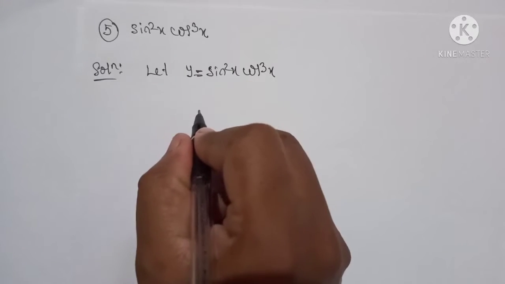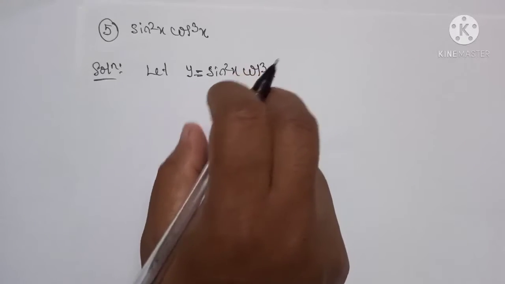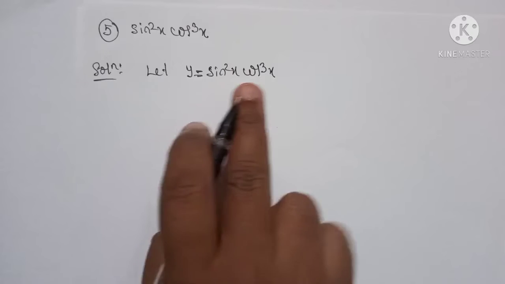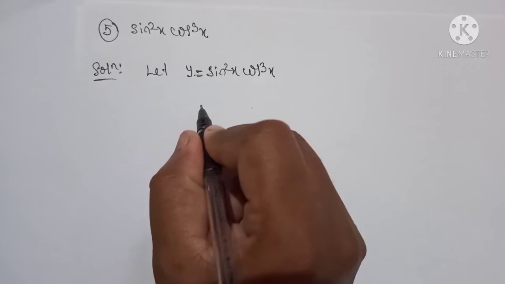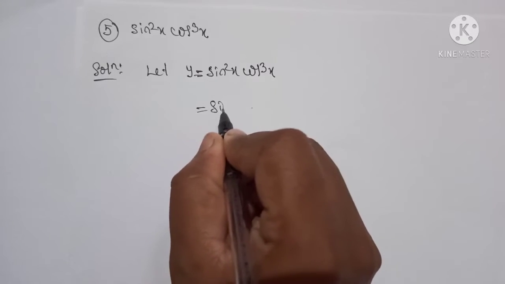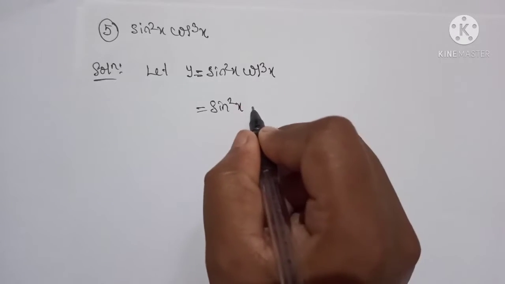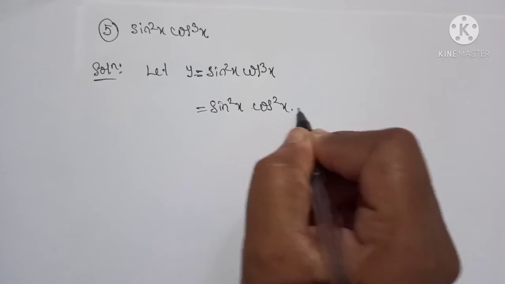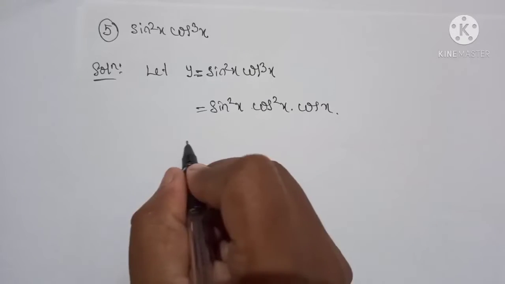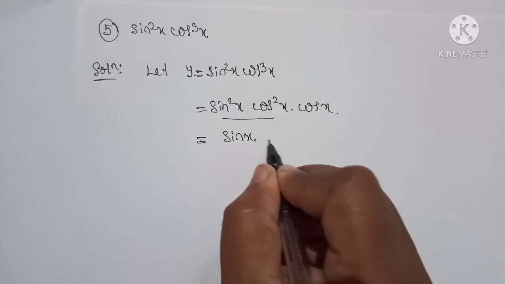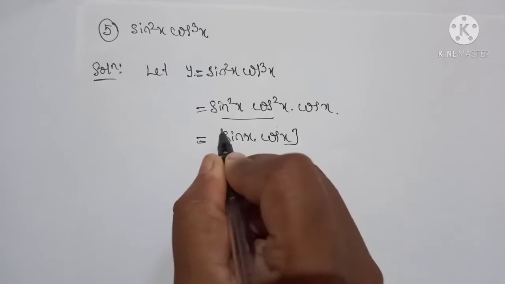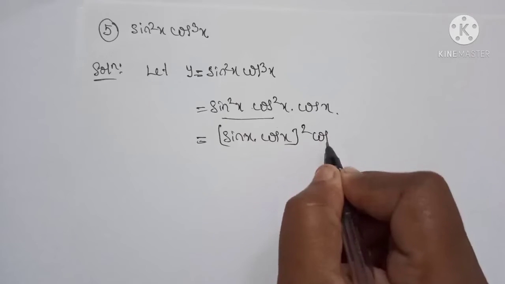Okay, so now we can apply the sin square x and cos cube x formula, or you can further write sin square x cos cube x as sin square x cos square x into cos x. Now these two can be written as (sin x cos x) whole square, and this cos x as it is.